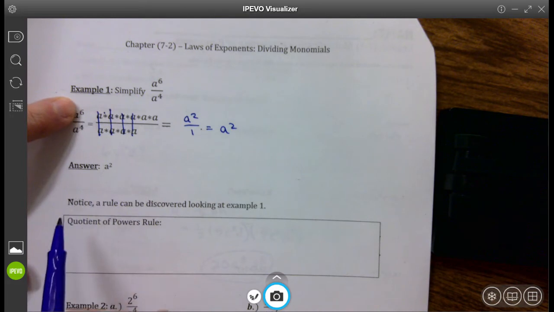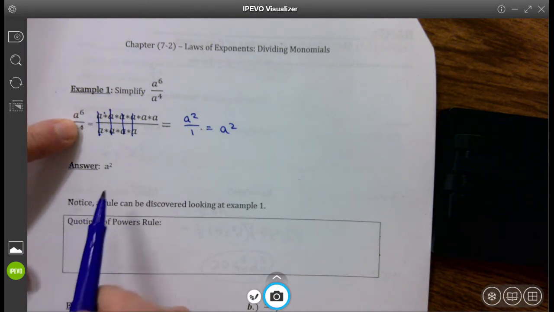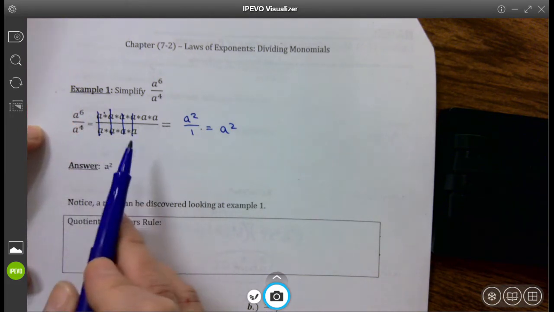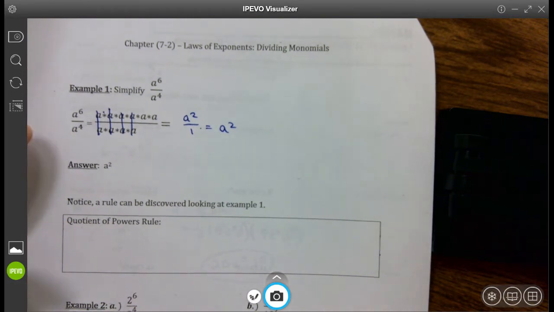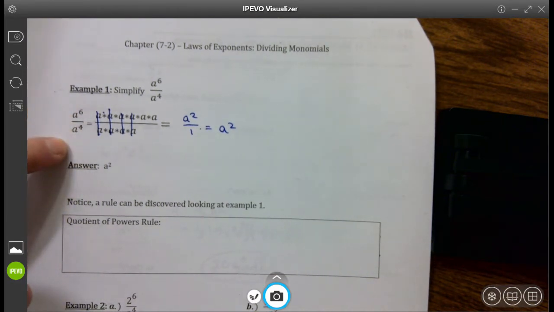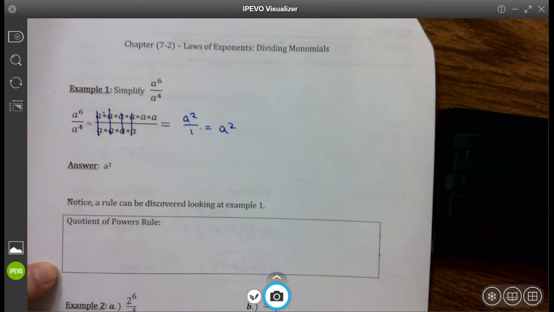Notice there's a pattern. There's 6 on top, there's 4 on the bottom, we get 2. Instead of writing them out and simplifying every single time, what we could have done is just subtract. So we have a rule. This is a quotient because it's division, and we are using the powers. So it's called the quotient of powers rule.